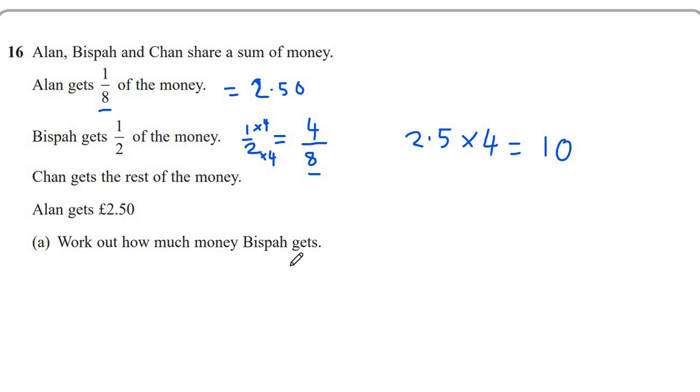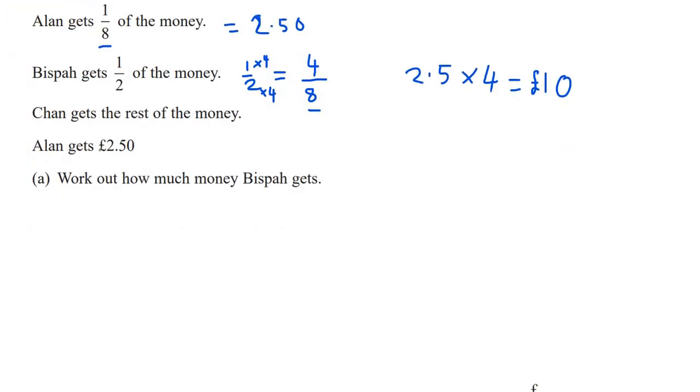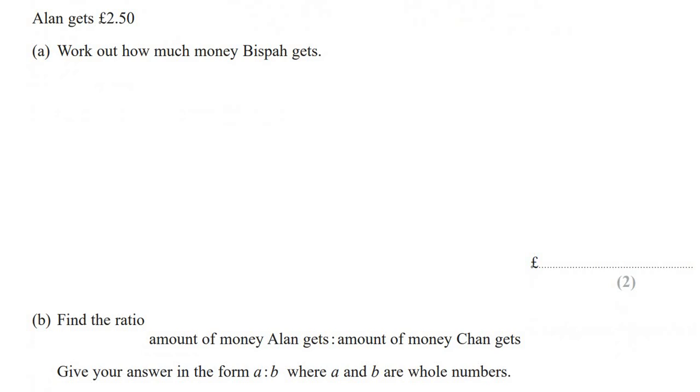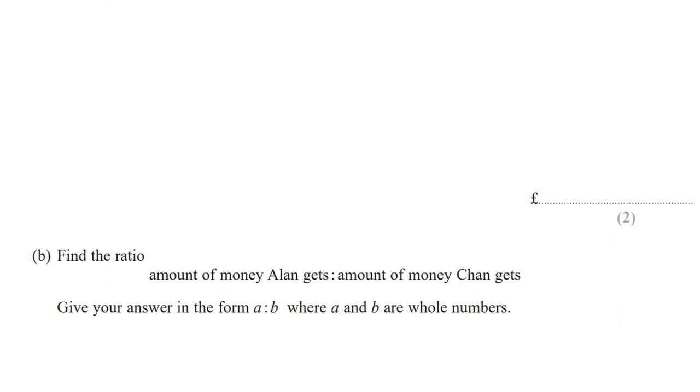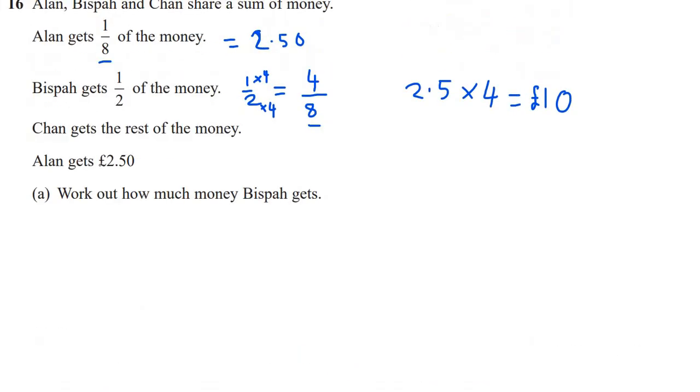Work out how much money Bispa gets. Yes, so this is the amount of money that Bispa is going to get. And then find the ratio of the amount of money Alan gets to the amount of money Chan gets. All right, now we need to figure out how much did Chan get? Well, Chan gets the rest of the money.